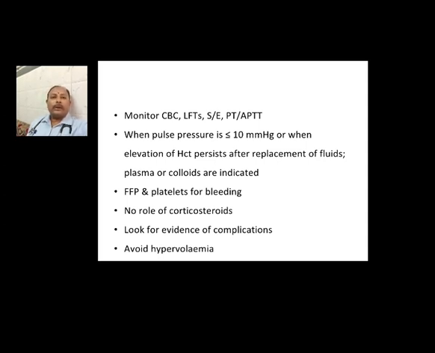FFP, fresh frozen plasma, and platelets for bleeding. There is no role for steroids or corticosteroids. Look for evidence of complications. Avoid hypervolemia.